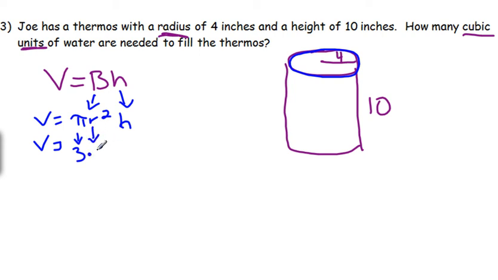Our radius is 4, that's 4 squared, and the height is 10. So really what we're looking at is 3 times 4 squared times 10. This just becomes an order of operations problem. We have to do the exponent first, so 4 squared is 4 times 4 is 16. So we have 3 times 16 times 10. Now it's all multiplication. We can multiply this any way we want. Let's do 3 times 16, which is 48.